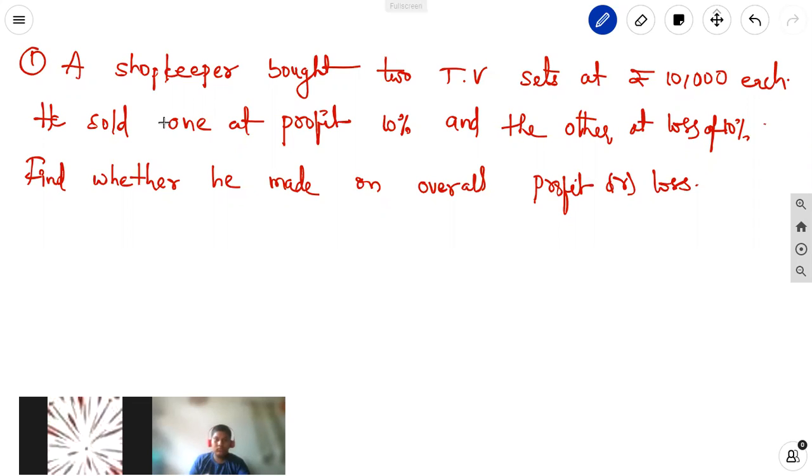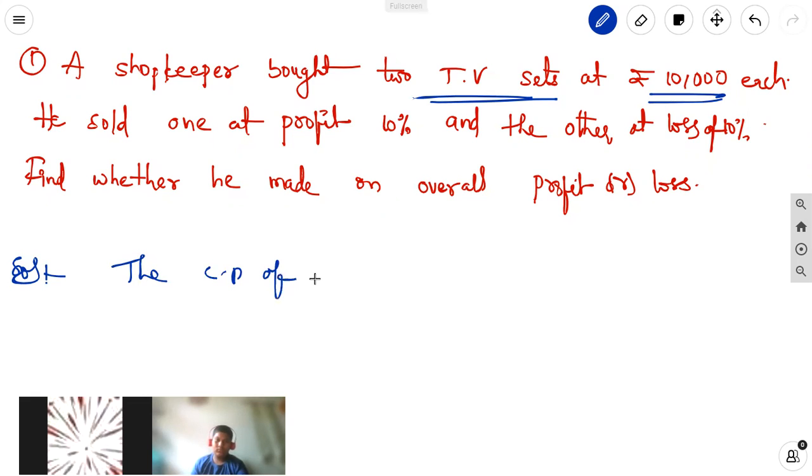A problem discussed on profit and loss percentages, and overall we get profit or loss on the items. First, a shopkeeper bought 2 TV sets at 10,000 rupees each. That is nothing but the cost price of one TV equal to 10,000 rupees.